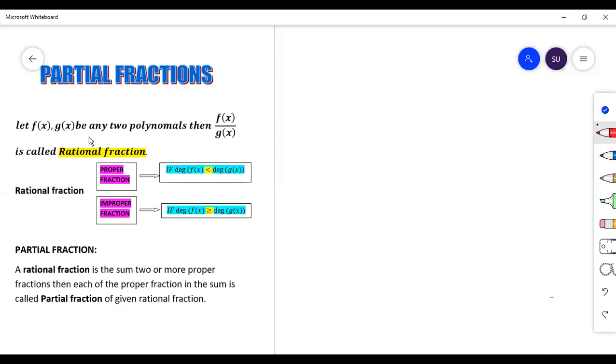Suppose I write x cube divided by x minus 1 into x minus 2. What is the degree of f of x here? Degree of f of x is 3 because x cube is there. That means the highest power is 3.